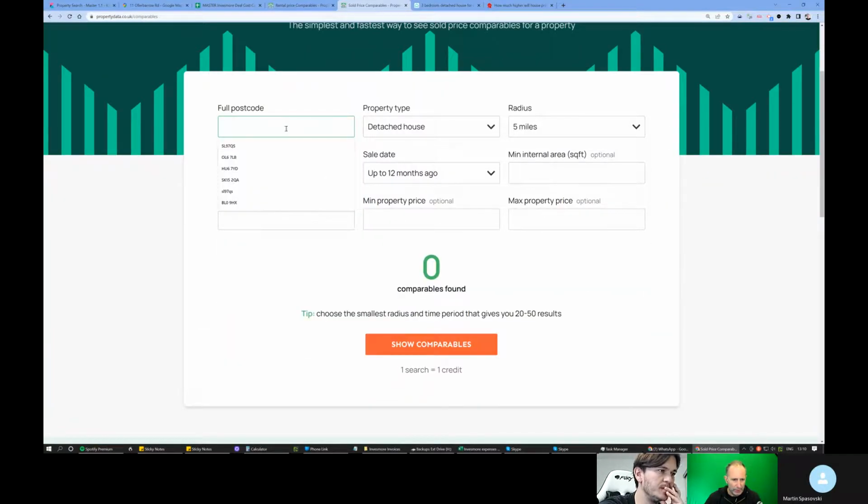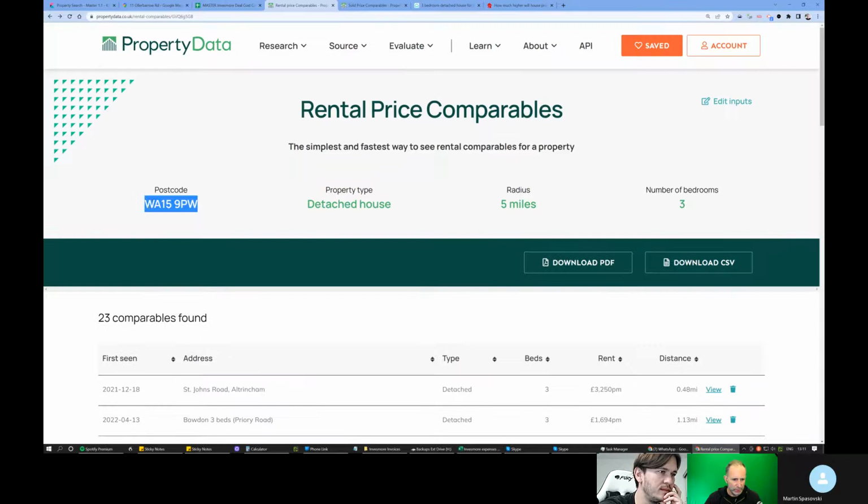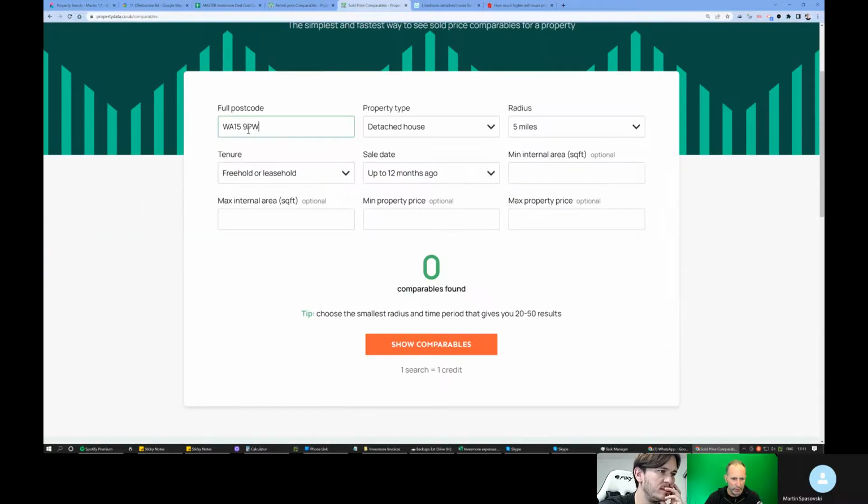And we go WA, we go the same area as the rental one, which is WA15, and we just have a radius around that. And we're going to go semi-detached, radius 3 miles, leasehold. We'll go freehold because you know what, we're going premium here. And we'll go with that.